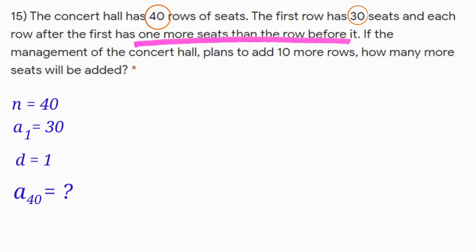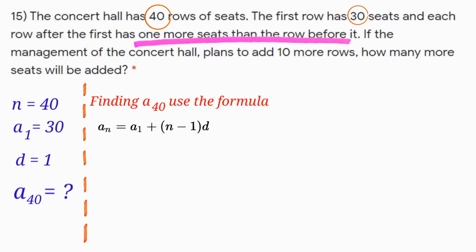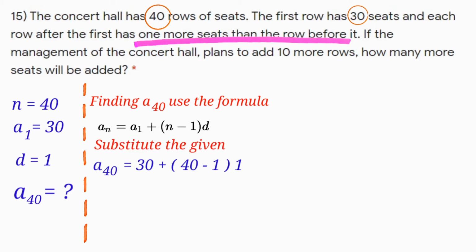Now, let's look for the 40th term. We will be using the formula a sub n is equal to a sub 1 plus the quantity n minus 1 times d. To substitute the given, a sub 40 is equal to 30 plus the quantity 40 minus 1 times 1.